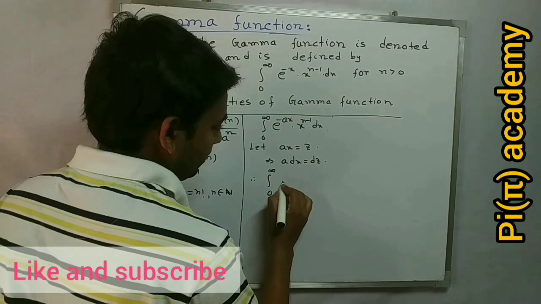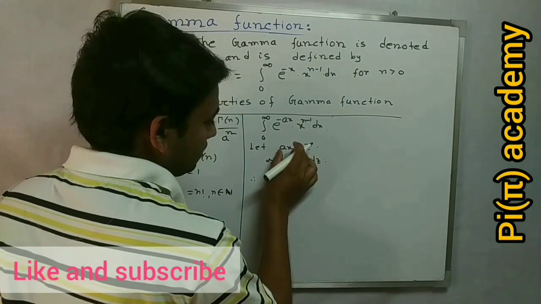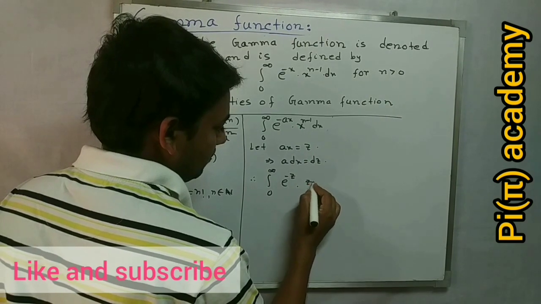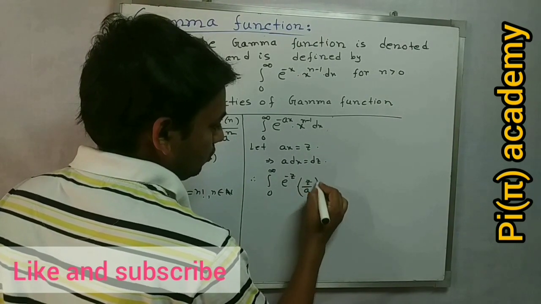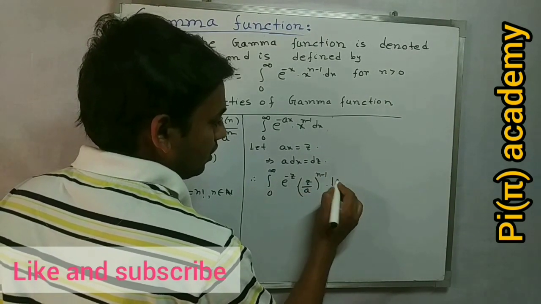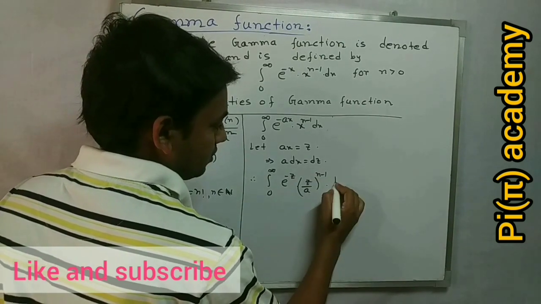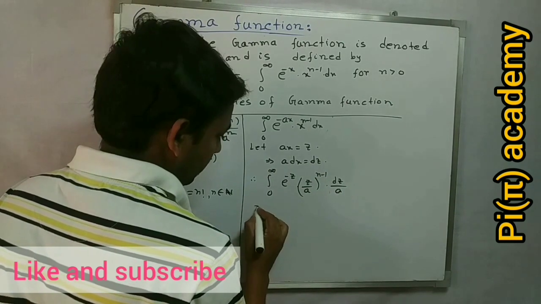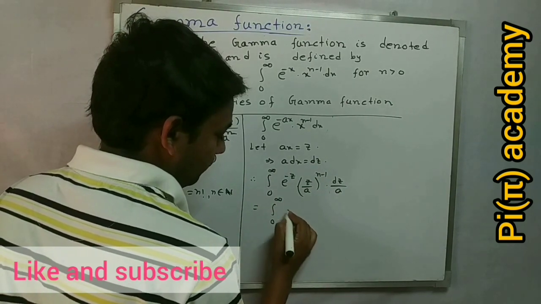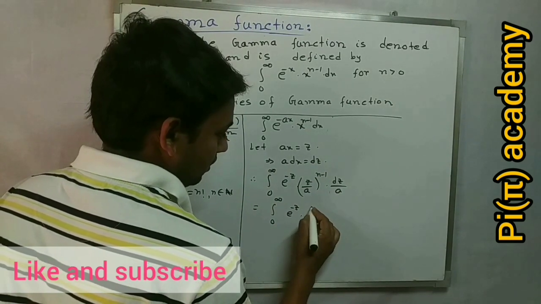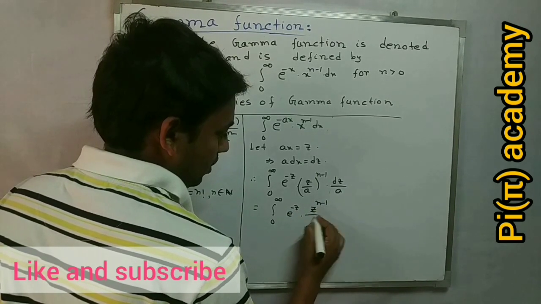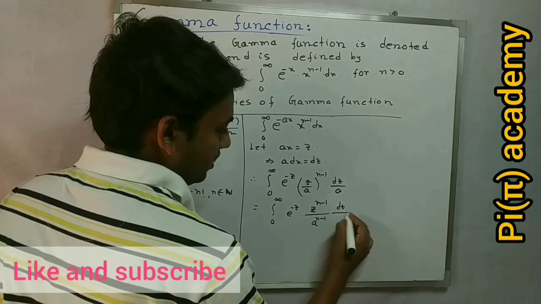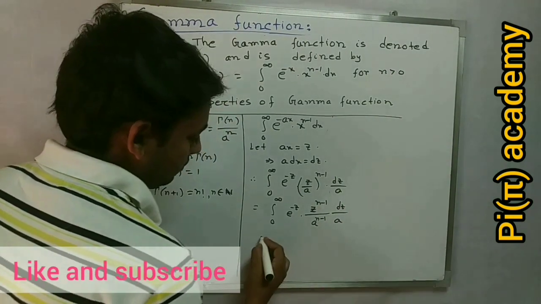Therefore the integral from 0 to infinity of e to the power minus z, and the value of x is z by a, whole to the power n minus 1, into dx, where the value of dx is dz by a. Therefore the integral of e to the power minus z, z to the power n minus 1 divided by a to the power n minus 1, into dz by a.